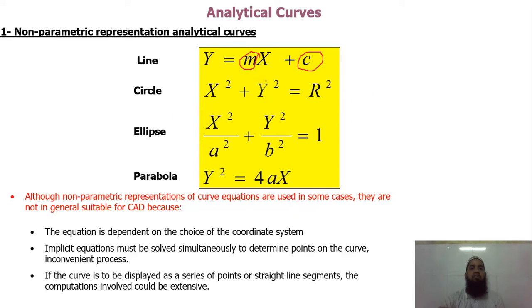Next we have x square plus y square equal to r square, where r is the radius of the circle, and this is the equation for the circle. Next we have the ellipse, x square by a square plus y square by b square equal to 1. Next we have the parabola, y square equal to 4ax or x square equal to 4ay. Both formulas we can use, with respect to the different types of axes.